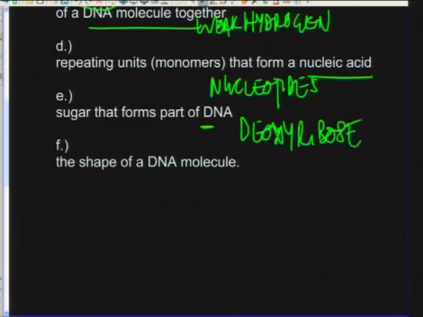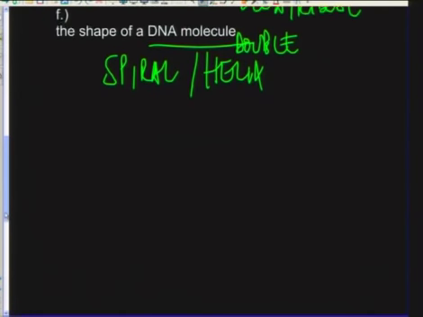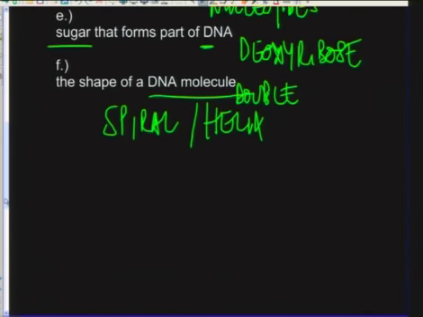You don't have to write the word sugar because sugar is already in the question. The shape of a DNA molecule, you will say spiral, or you can say helix, or you can say double helix. They only asked for the shape. So we're talking of the spiral nature, the helix nature of the DNA. So can you see that's your one-word answers.